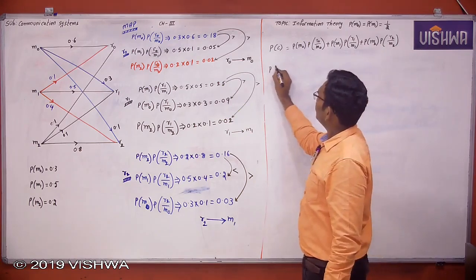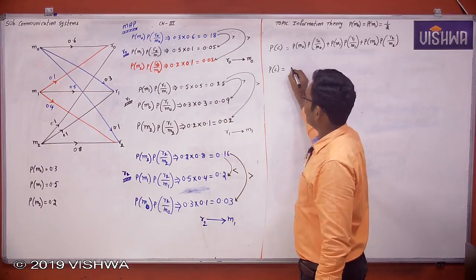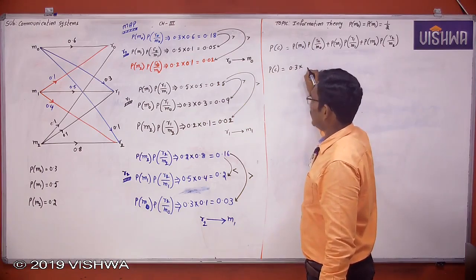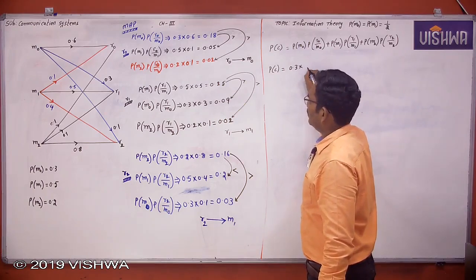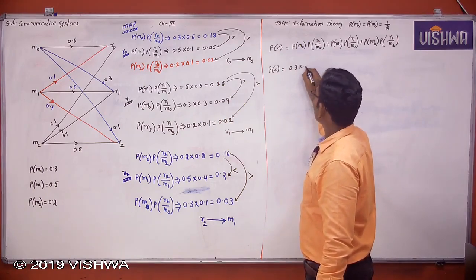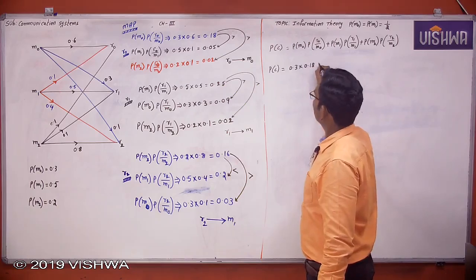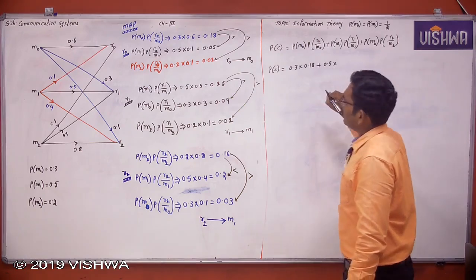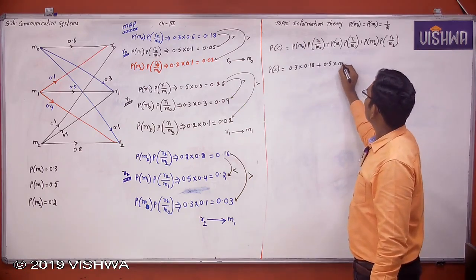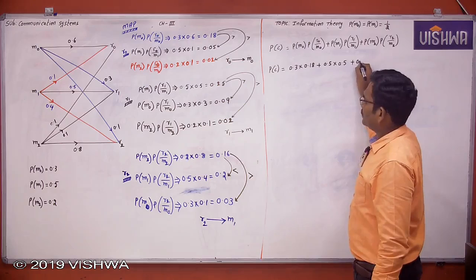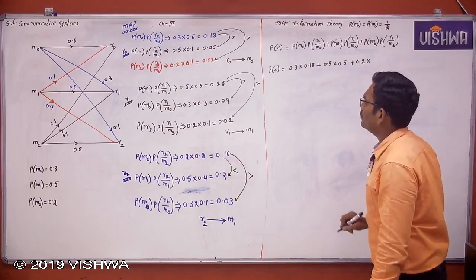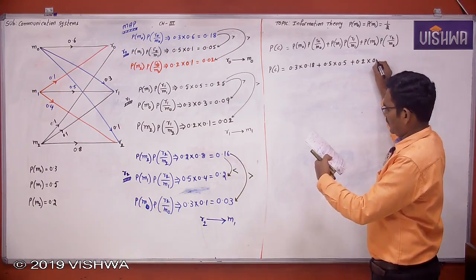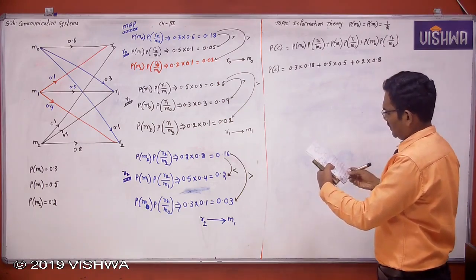So that is 0.3 into 0.6, which is 0.18, plus 0.5 into 0.5, plus 0.2 into R2 by M2.